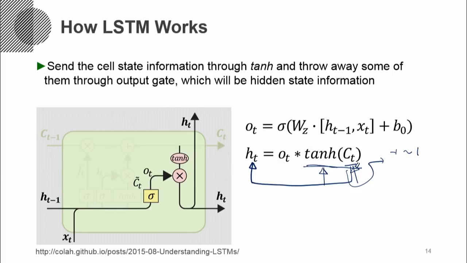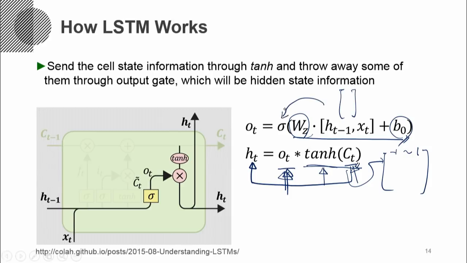But before then, we actually have an additional step of filtering out some information on the generated vector at this point. This is called the output gate, and it is quite similar to the forget gate or input gate. It is generated by its own linear transformation matrix with some bias, and then the resulting vector goes through the sigmoid transformation so that the signal ranges from 0 to 1.